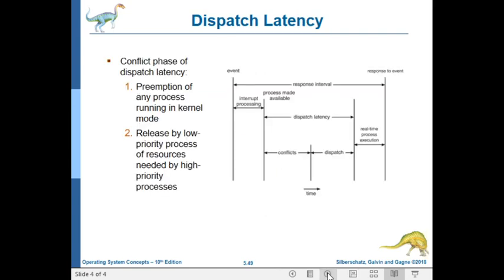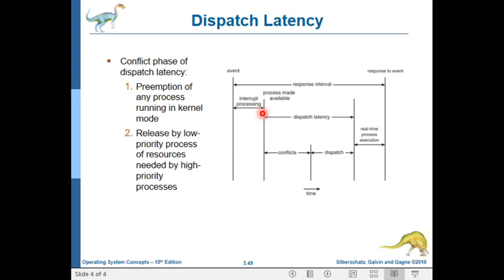Now we look at the second type of event latency, which is dispatch latency. Dispatch latency is the amount of time required for the scheduling dispatcher to stop one process and start another process.